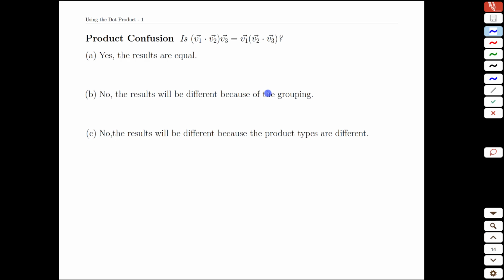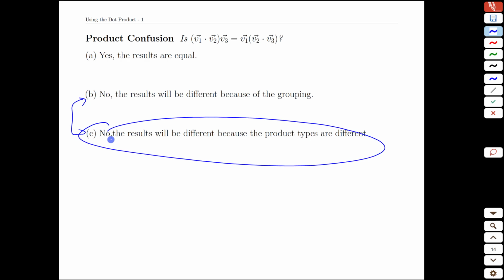All right, what we're looking for here is both of these in some sense are true, but I think C describes the scenario more correctly. If we take v1 times v2, that is going to be a scalar. Let's go back. I'm going to put this down here. If we take our left-hand side, that is v1 times v2, but as a dot product, and so that's going to give us a scalar value.